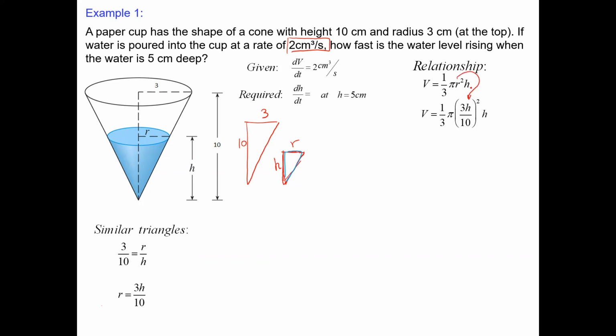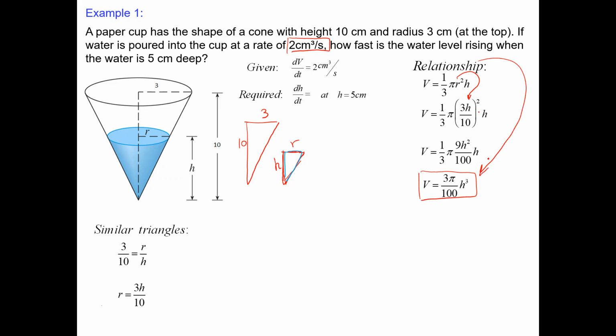Before differentiation, let's avoid the product because we are able to. Let's square 3h and 10. That's the result. h squared times h is h cubed. And 9 divided by 3 is 3. So V equals 3 pi h cubed over 100. Beautiful, simple relation.